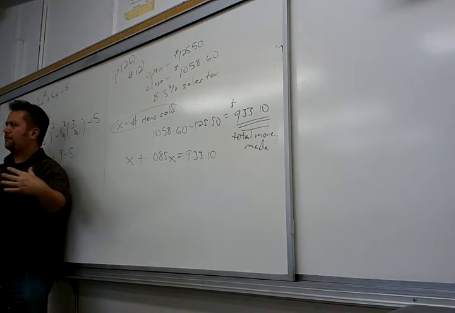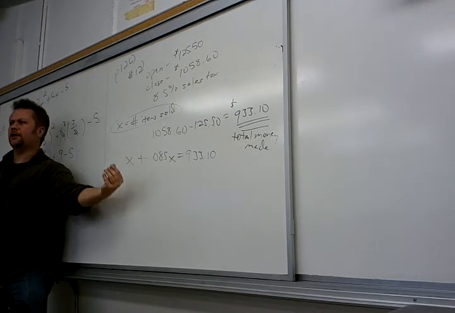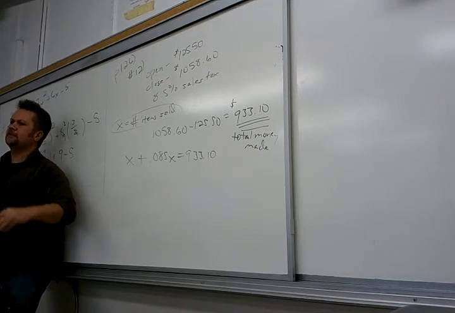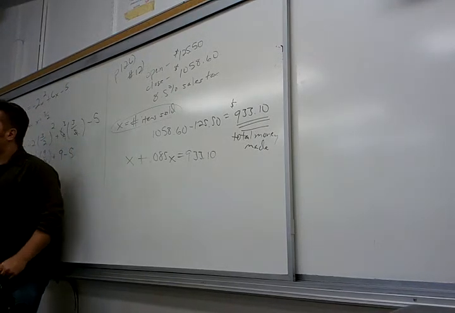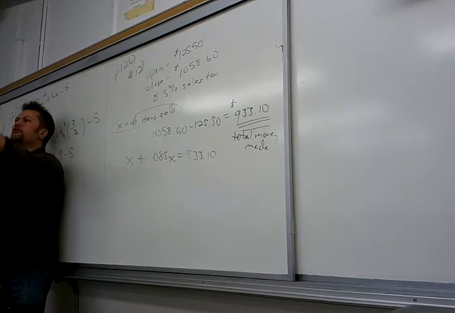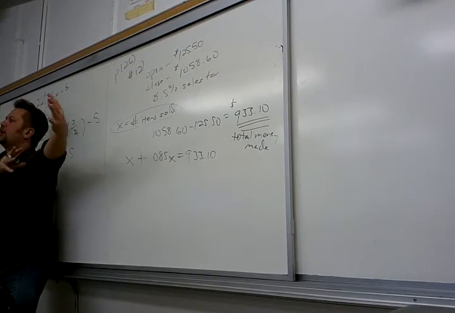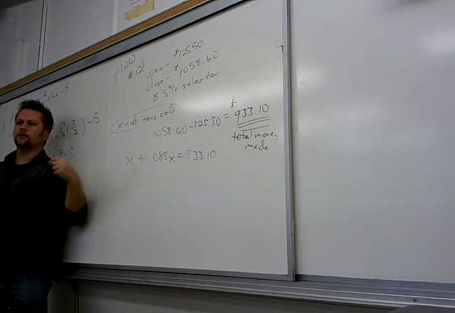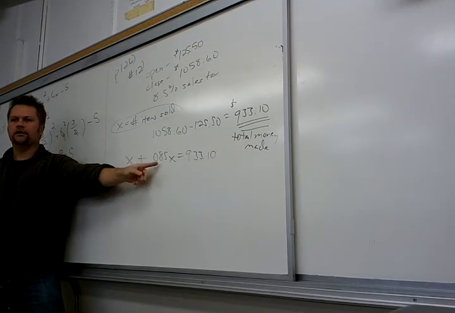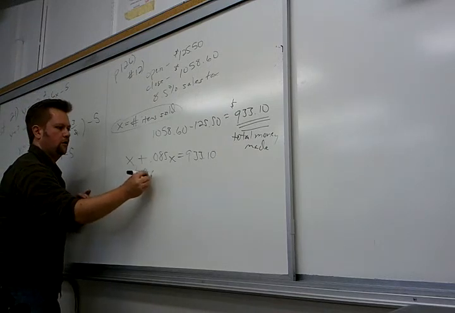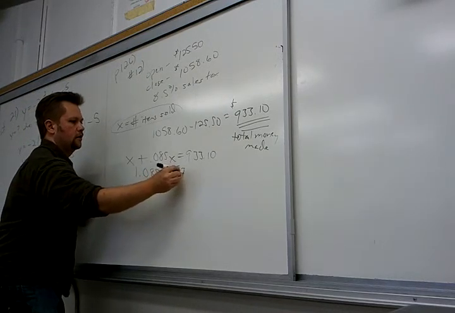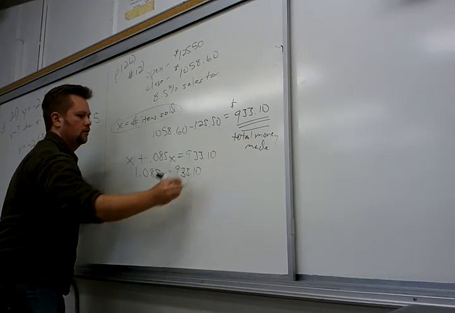Whenever you have a markup, it's almost always X plus a percentage of X. When you have a discount, X minus a percentage of X. You take the original and increase or decrease it by a percentage of that. So what is 1X plus 0.085X? 1.085X. And then you have just one more step and you're done.